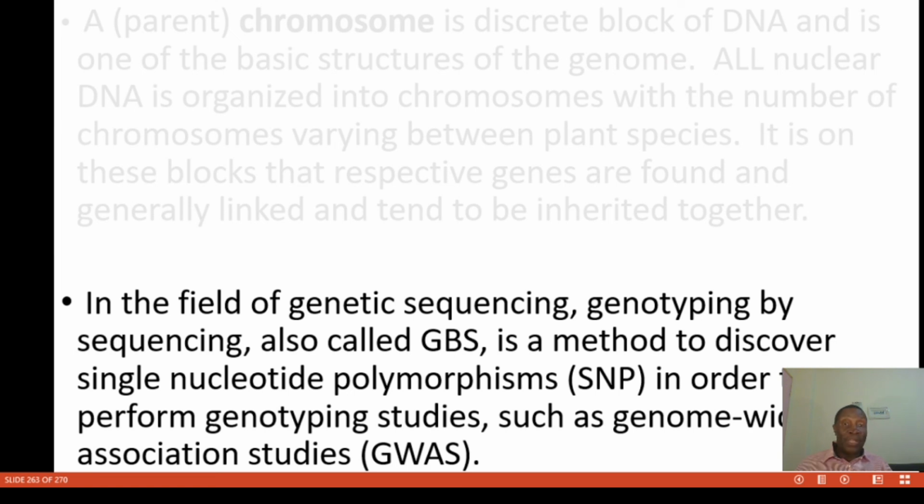So it is in this field of sequencing called genotyping by sequencing, or GBS, that is a method that discovers SNPs, single nucleotide polymorphisms, in order to perform genotyping studies. And such studies are, for example, genome-wide association studies, GWAS.